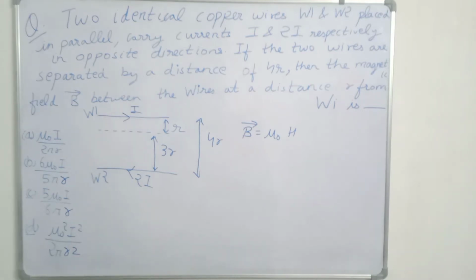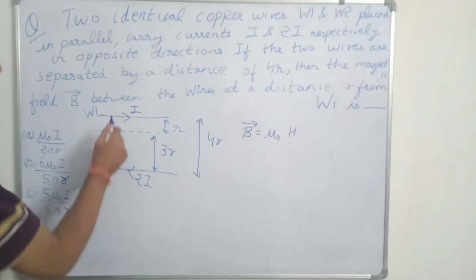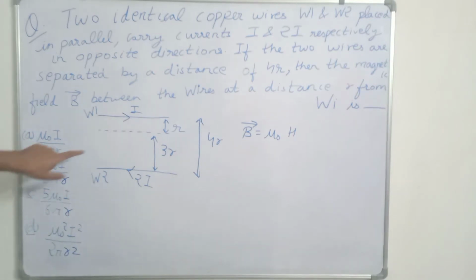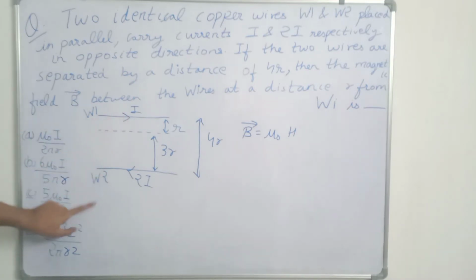Now the magnetic field always adds up when there are two wires carrying currents. So the magnetic field will always add up in the center. These are two wires, W1 and W2, carrying current.